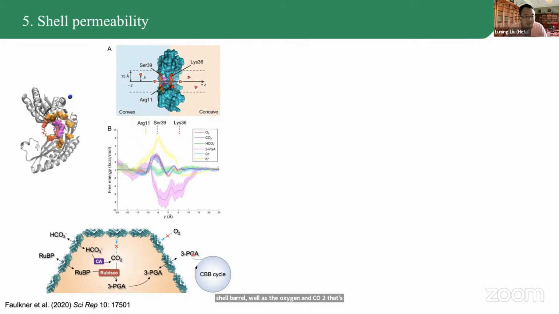So that also indicates the potential mechanism of the selective permeability, which allows the accumulation of bicarbonate inside, while excluding the influx of oxygen and leakage of CO2 from the carboxysomes.